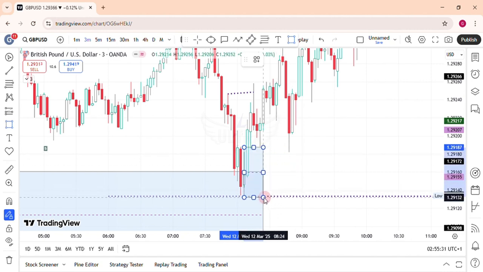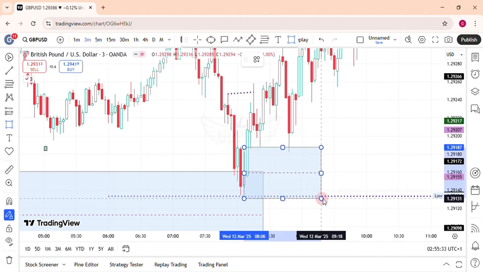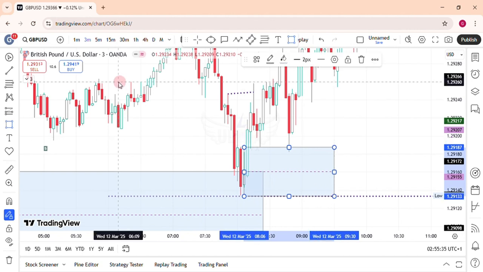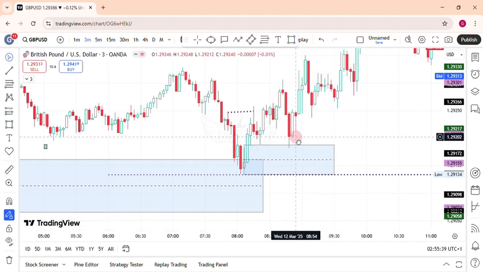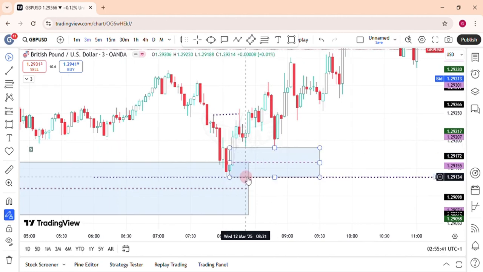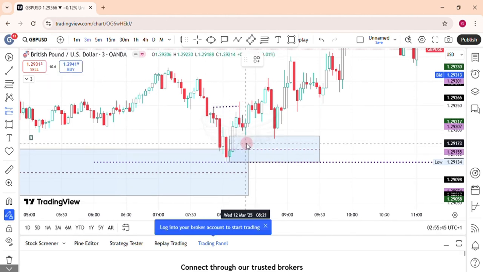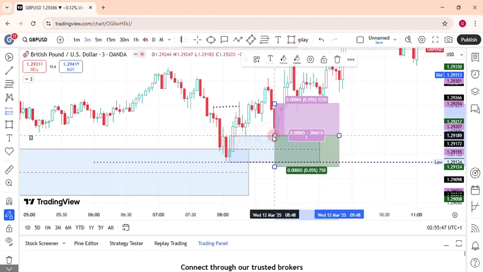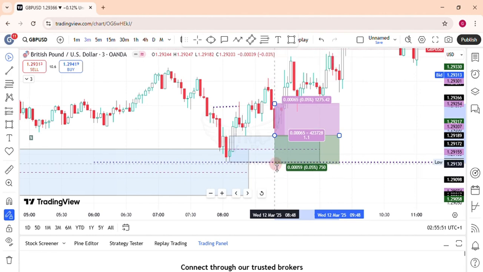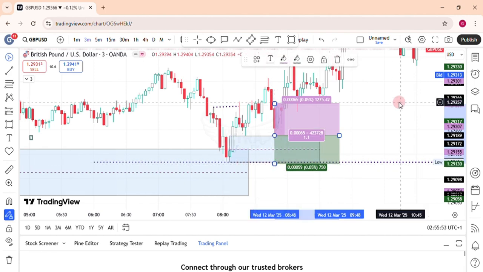You drag your stop loss. This is your risk, and you take from your entry to this stop loss for a buy position, and you click on it, and you have your entry and your stop loss.